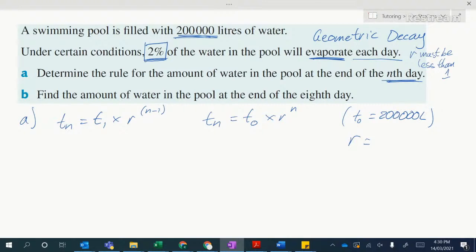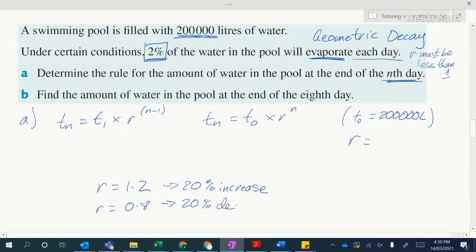Okay, now in the video I made yesterday, I used the example that an R value of 1.2 would represent a 20% increase. And an R value of 0.8 would represent a 20% decrease.